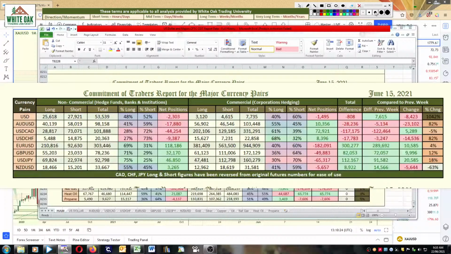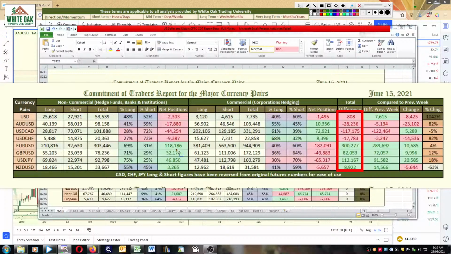So if I use the difference here, it is what the banks were holding this past week, comparing what the non-commercials and the commercials, putting them together, taking into consideration that non-commercial is always trying to trade with price moving in a certain direction. They're speculating on whether price goes up or down. And commercials are typically hedging, so they're going against where price is going to go. If price is going to go up, they're shorting.